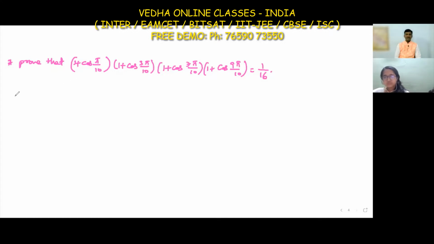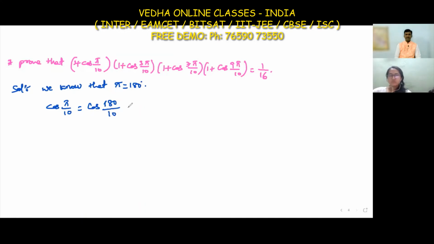The values now, cos pi by 10. What is the pi value? 180 degrees. Okay, so we know that pi is equal to 180 degrees. So cos pi by 10 is equal to cos of 180 divided by 10, that is nothing but cos 18 degrees.